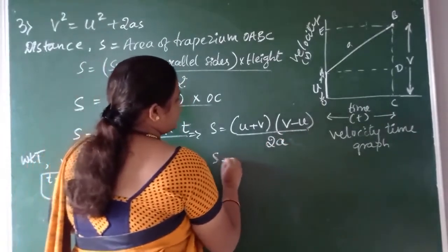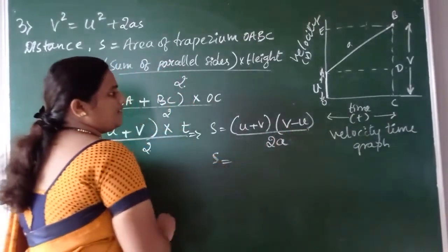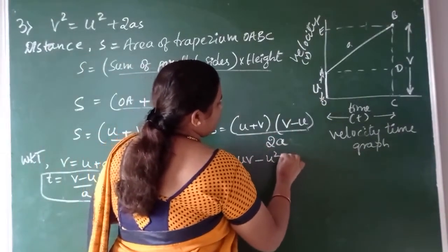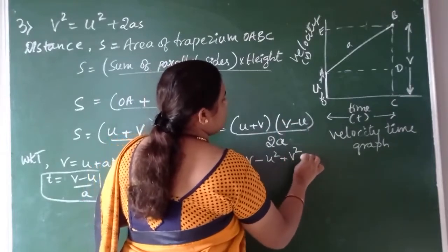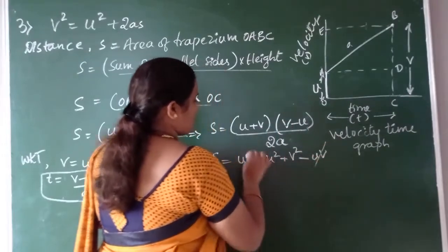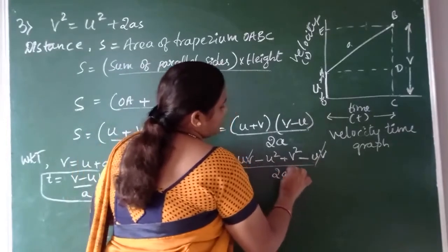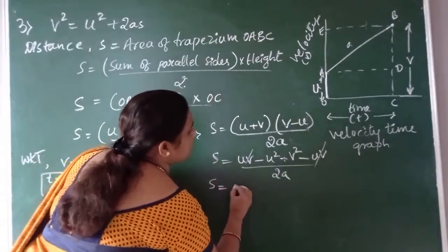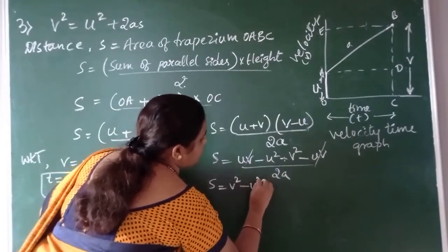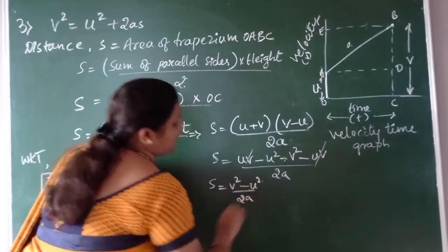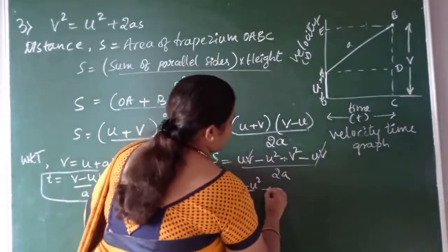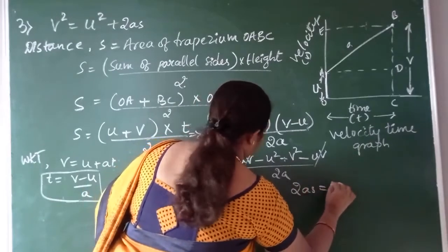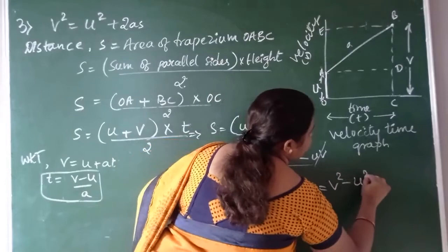So S equals, multiplying V and U, UV minus U square plus V square minus UV. The common term cancels. What is left? V square minus U square. So S equals V square minus U square divided by 2A. When you cross multiply, you get 2AS equals V square minus U square.